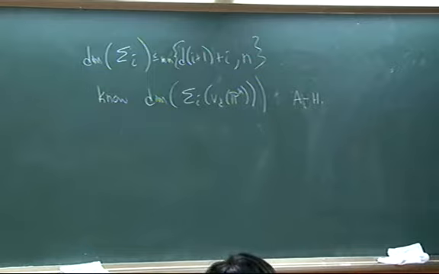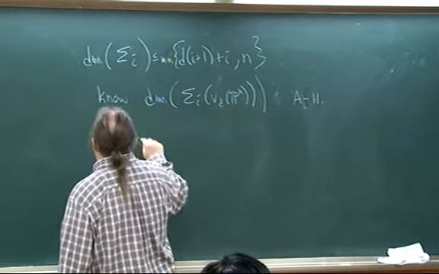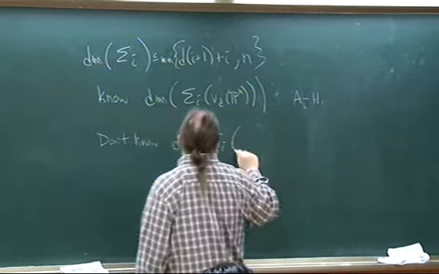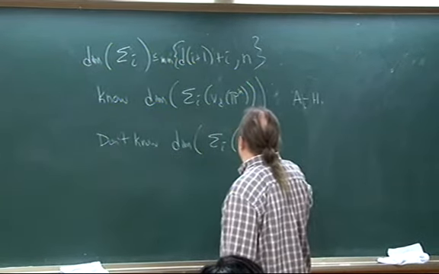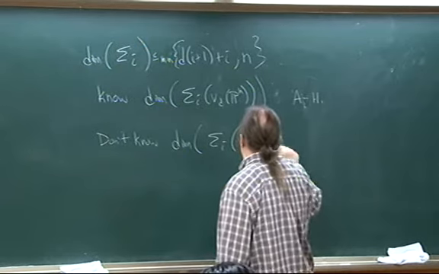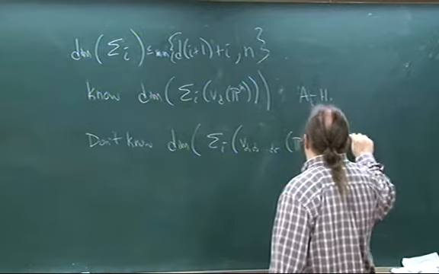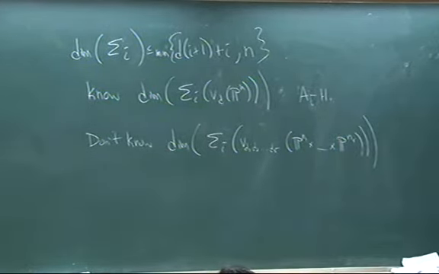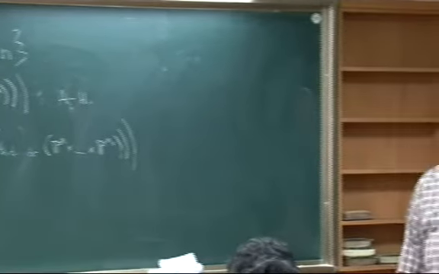We do not know dimensions of the secant varieties to, say, Segre embeddings. We know some of them, but in general, we don't really know very much.